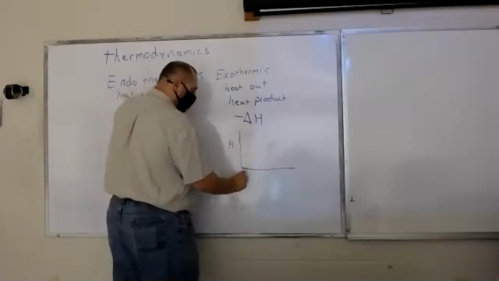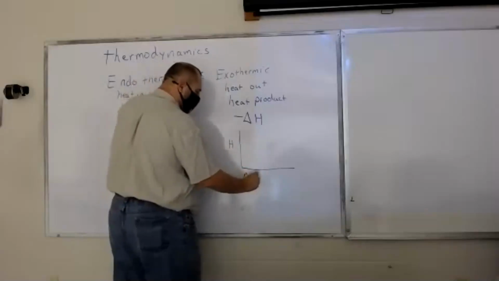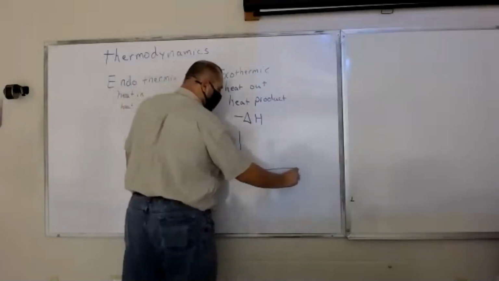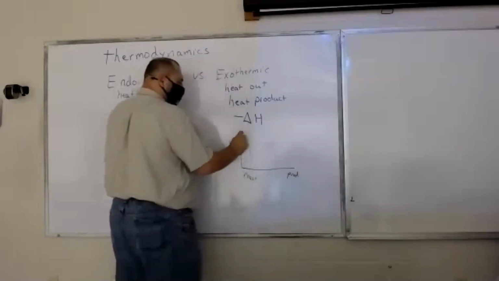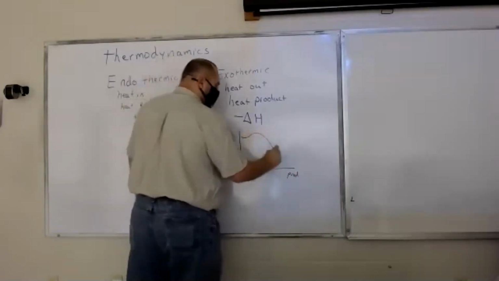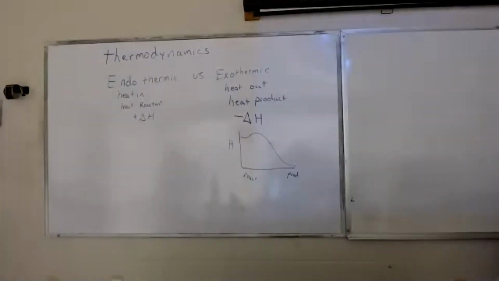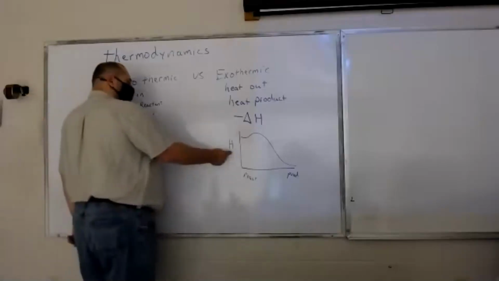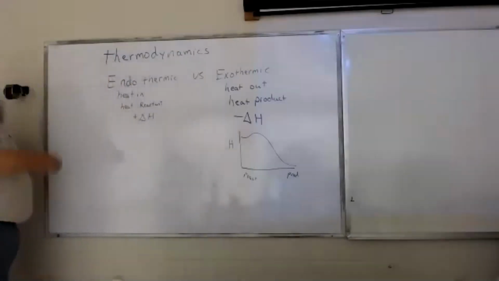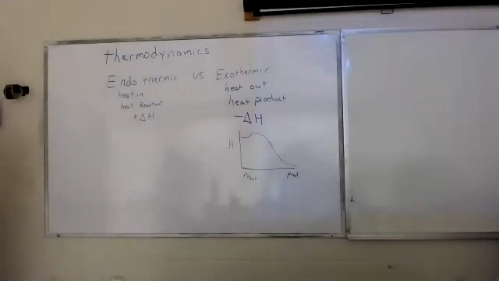Now the picture that we look at for exothermic is pretty similar to some of the reactions that we've seen in the past. The key there is the enthalpy, the H, or you can also think in terms of energy, is lower on the product side.